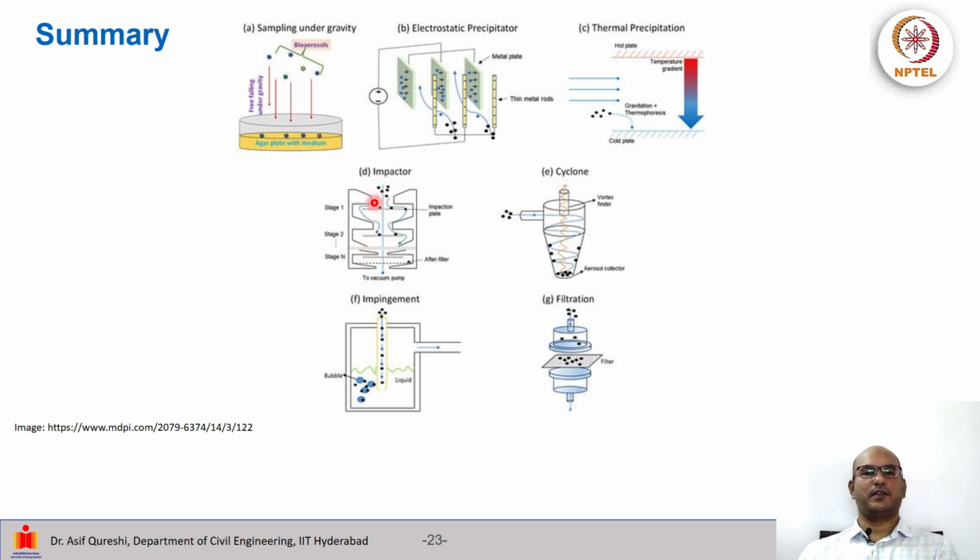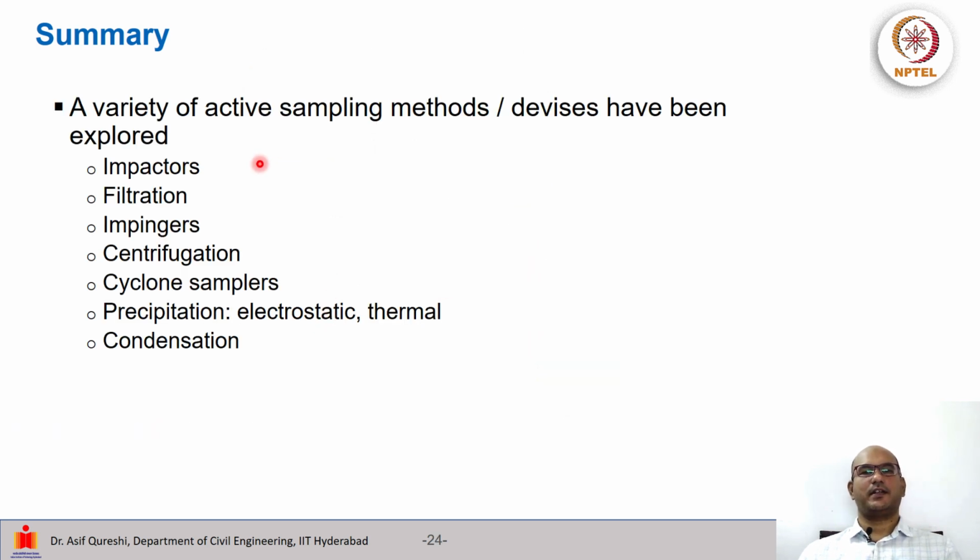So particles are moving in, being impacted, then moving in, being impacted, so multi-stage impaction, and then they are collected. Cyclone, filtration, and impingement. So in summary, a variety of active sampling methods and devices have been explored, ranging from impactors, filtration, impingers, centrifugation, cyclone samplers, electrostatic and thermal precipitators, and condensation methods.